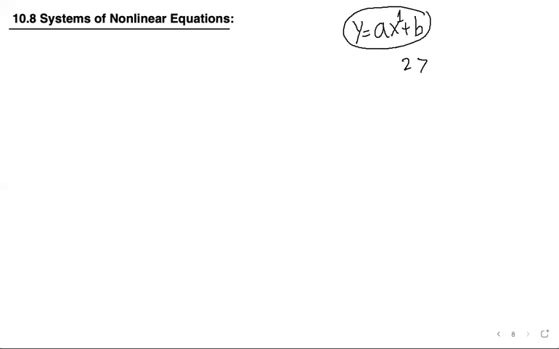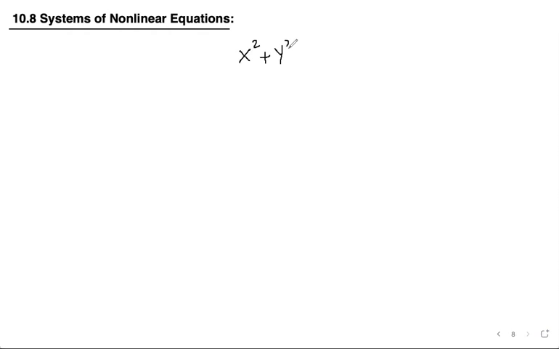So this is solving a nonlinear system, for example, x squared plus y squared equal 100 and 3x minus y equal 10.